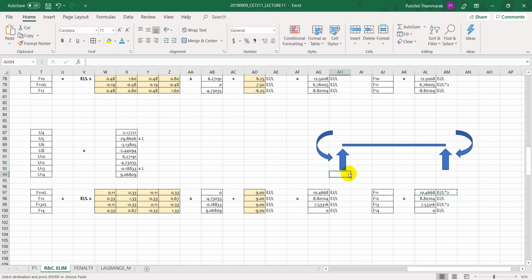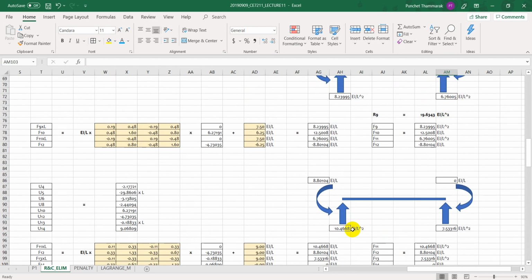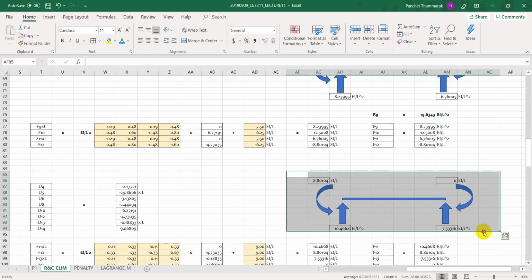So this one here, the moment has to be there, and the reaction from your spring is here, and the moment has to be there. Positive, correct? Positive, this is 0. Okay. 8.8, yes, identical, but in the opposite direction. 6.7 and 10, we can calculate the reaction.